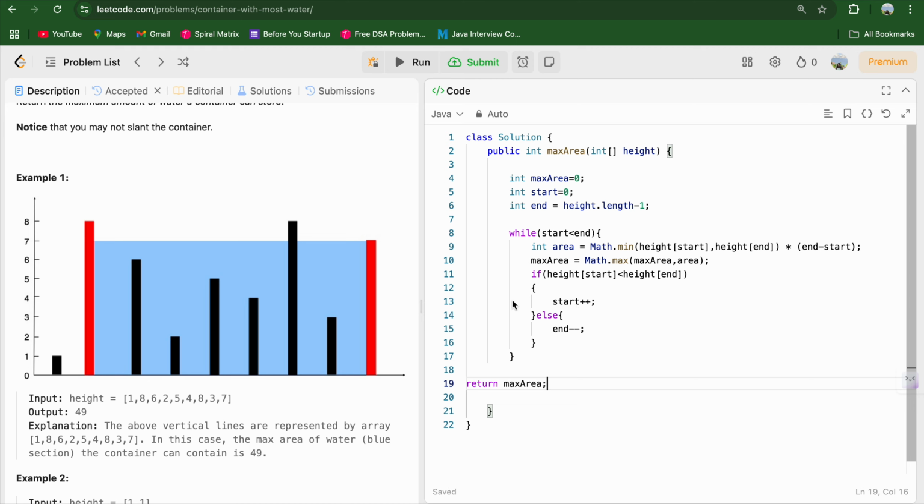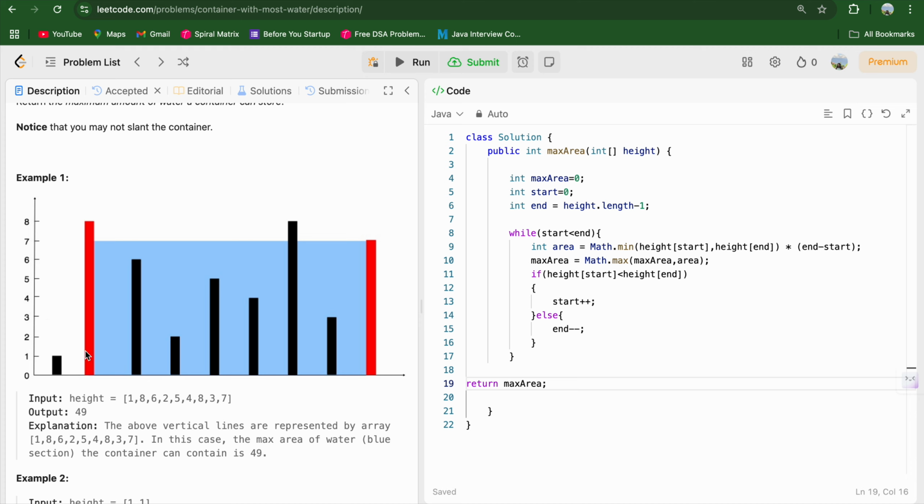Okay, so basically whichever is the smallest, right, that is the determining factor of the level of water, right? So that is why this has to be incremented. I mean, this is the lowest here when we are considering for the very first part this vertical and this vertical.